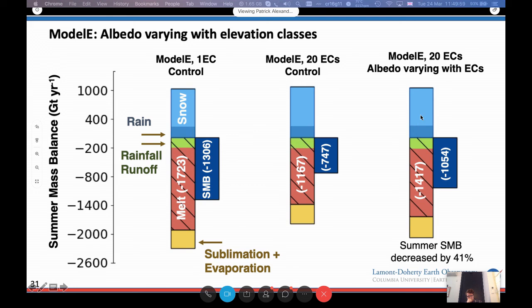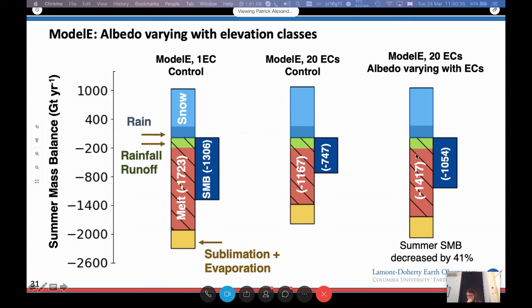And then when we add the albedo varying with the elevation classes, we start to see more melt and a lower surface mass balance. So including this effect did have a pretty considerable effect on surface mass balance, decreased it by 41% for the summer surface mass balance. So that shows that this is also an important factor to include.